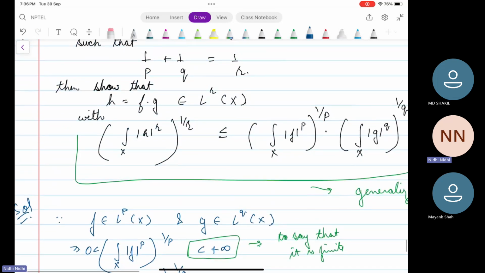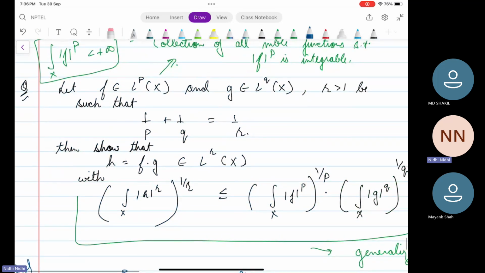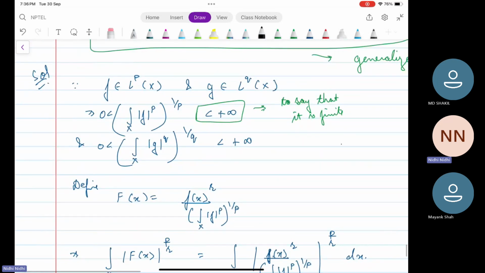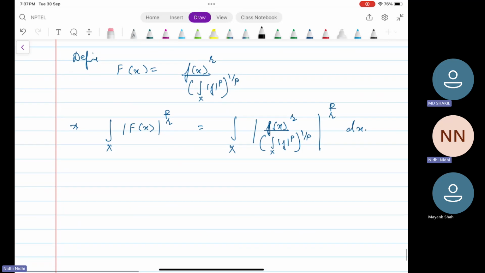Because f and g are non-zero functions. Since they are non-zero functions, this |f| is a strictly positive function, and hence the integral will be positive.